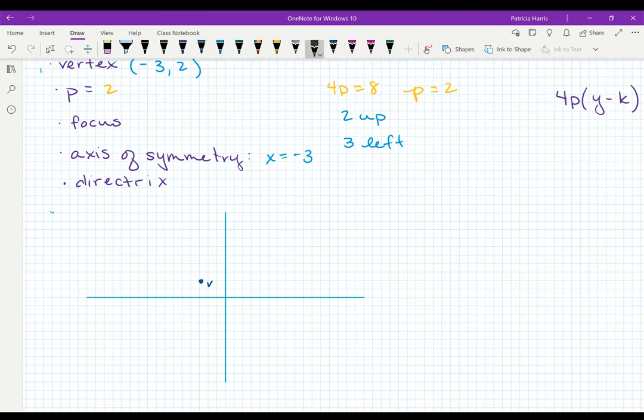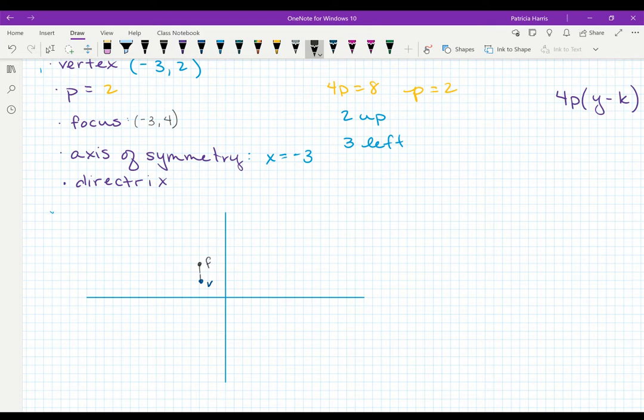So what I'm going to do to find my focus, I'm going to count up p. Up 2 because p is 2. 1, 2. There is my focus point. Now I get to write down where my focus point is. That is at -3, 4.